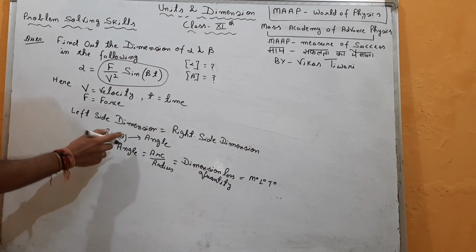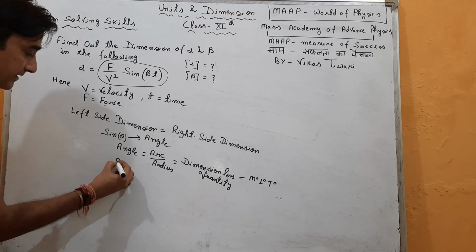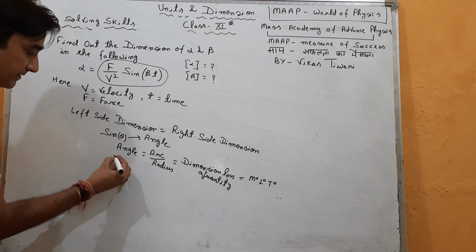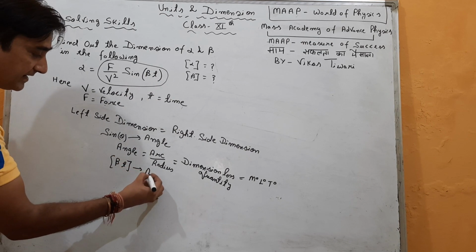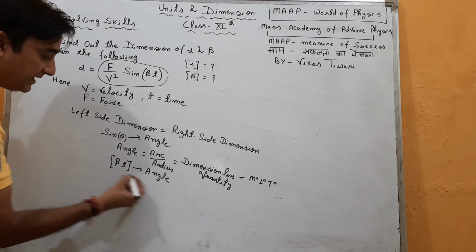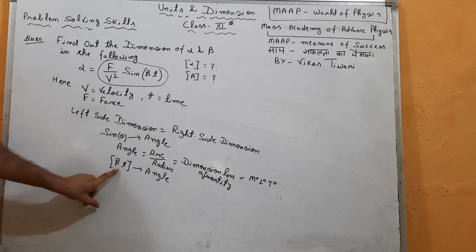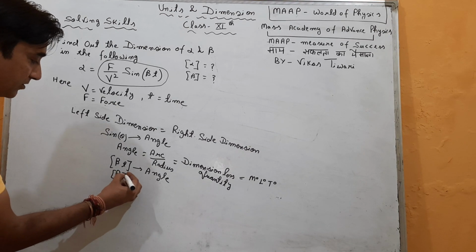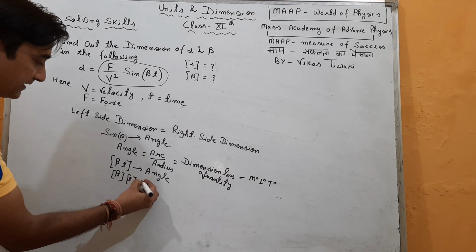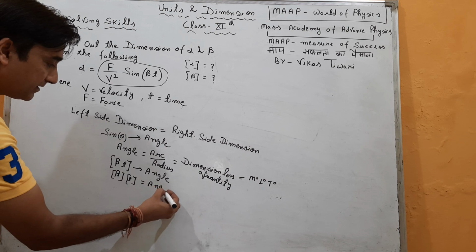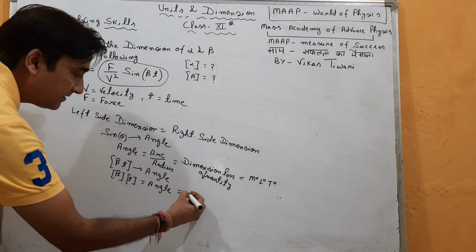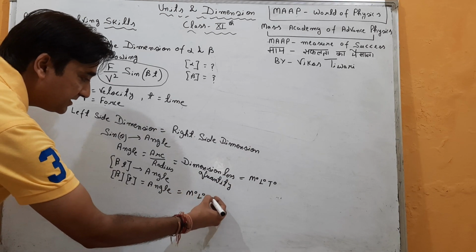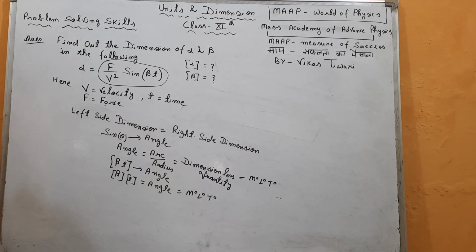It means beta t is an angle here. But t is time, so beta times t is equal to angle, and the dimension of angle is M0 L0 T0.